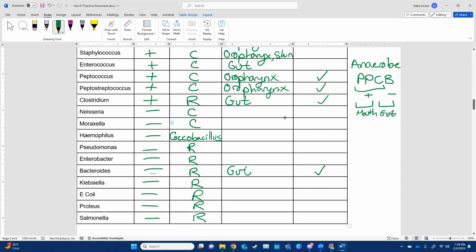Where do we find, let's go with an easy one. Where do we find Pseudomonas? Usually, where does it tend to pop up in infections? In the lungs. Yep. So I'm just going to put oropharynx just to keep things consistent. How about Haemophilus influenzae? Where do we find influenzae?